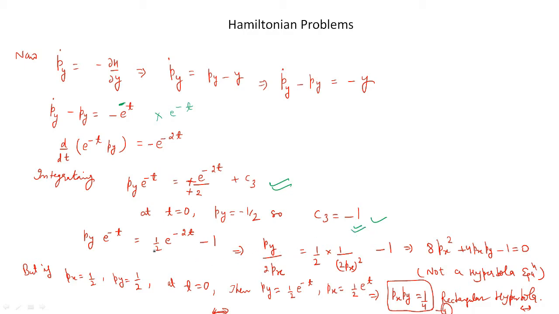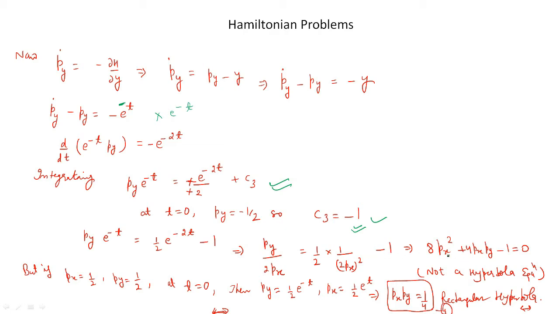Now as e to the power t is equal to 2px, we can write this equation as py upon 2px is equal to 1 by 2 into 1 by (2px) whole square minus 1.